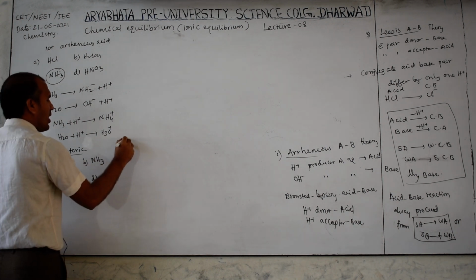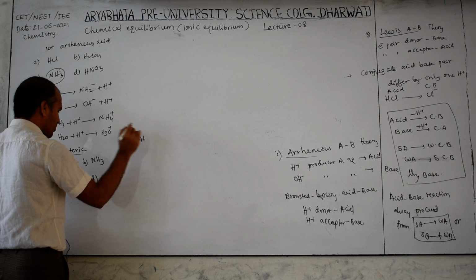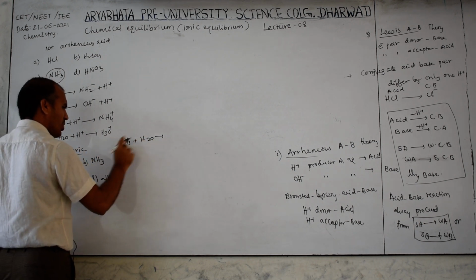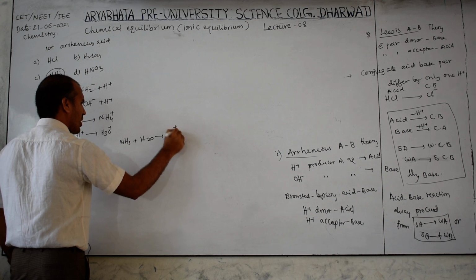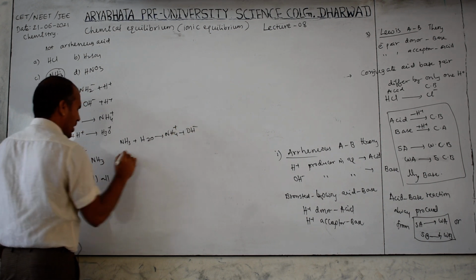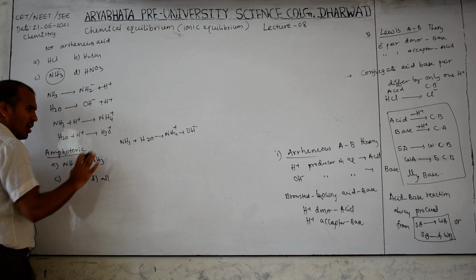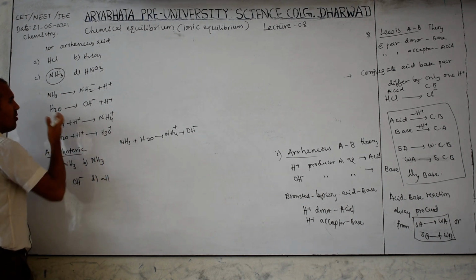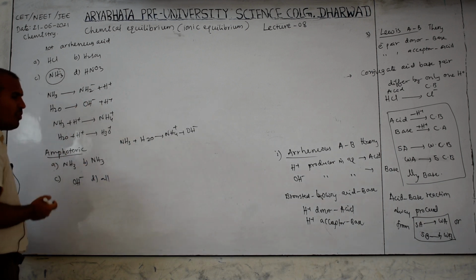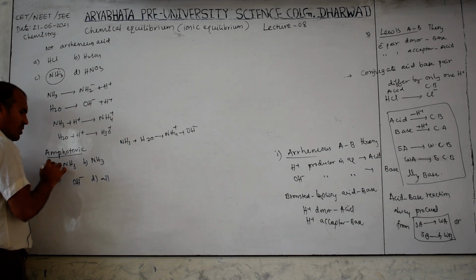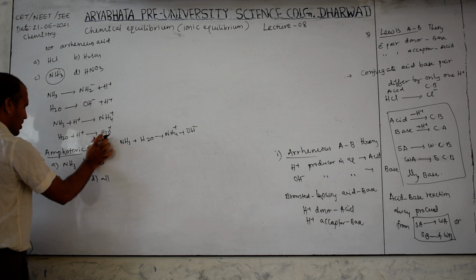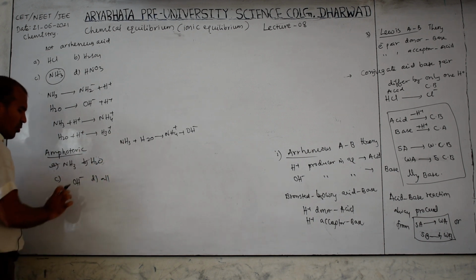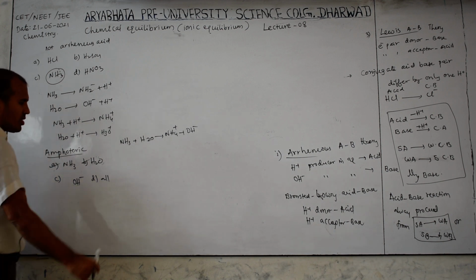Now keep in mind NH3 with H2O, H plus is donated to this, then it is NH4 plus plus OH minus. Then ammonia accepts the proton, and donates H plus too, therefore it is both. So already we know this is amphoteric. Sorry, both times I wrote NH3, one is water. These both are amphoteric. Whether OH minus is amphoteric or not, you have to check.